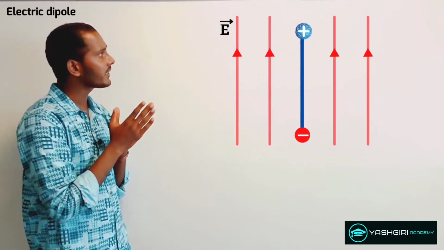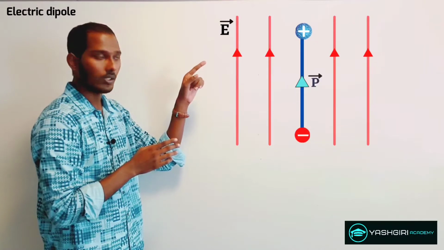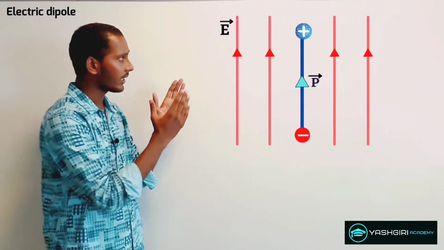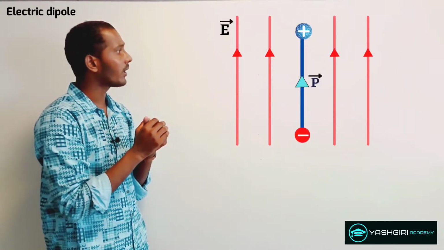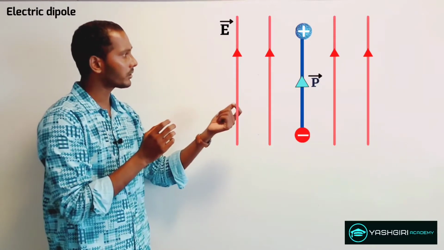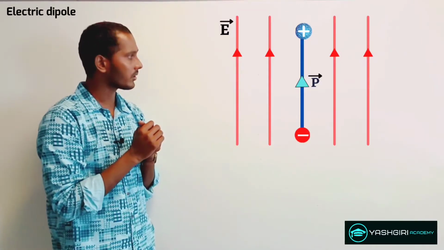So here, if you see the direction of the electric field and the dipole, they are almost the same. They run parallel. All right. So that's the reason why we choose the direction of this dipole going from negative towards the positive charge.